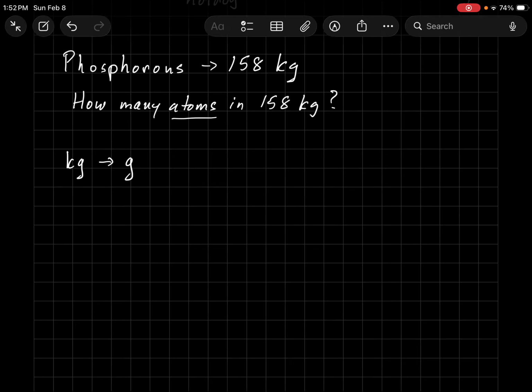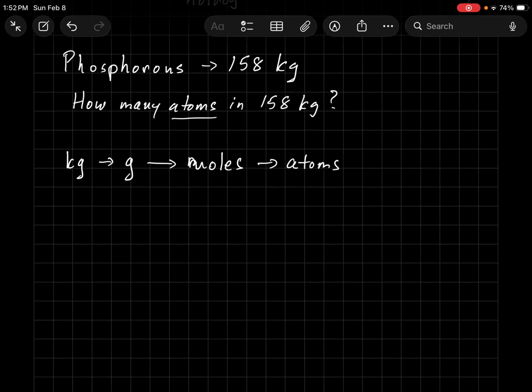But I'm not going to go from grams to atoms, because that depends. It really depends on the element that we have. So I need to go from kilograms to grams to moles. So you're going to see this is a pretty typical step that we need to go through. Grams to moles to atoms. And since we started in kilograms, we got a little bit extra to do.